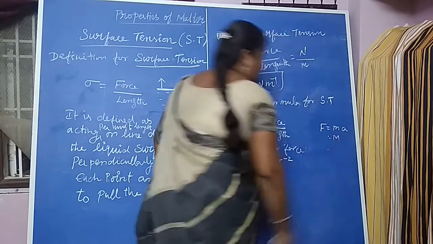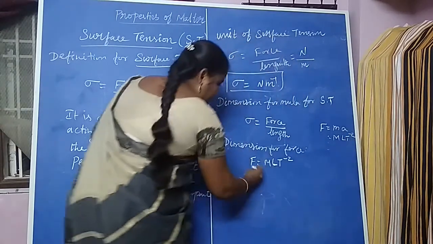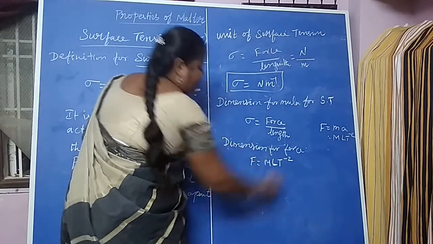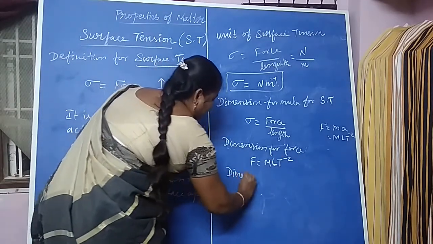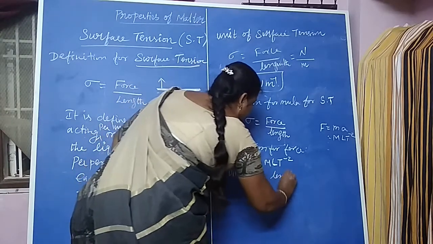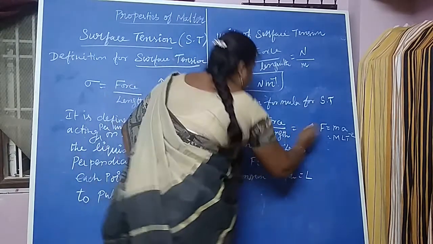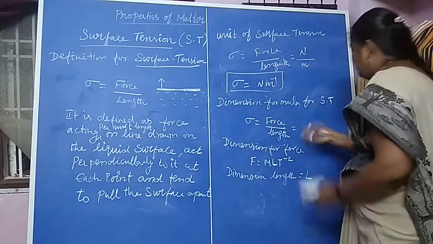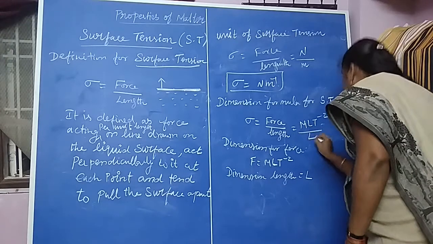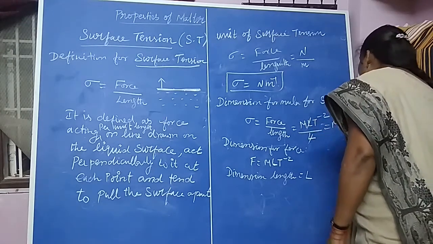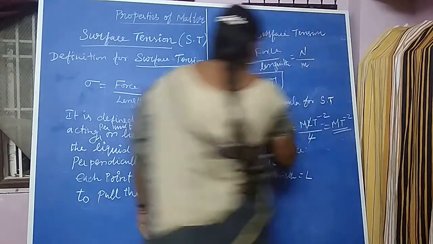Mass takes the dimensional formula M, acceleration has L T power minus 2. So force has the dimension M L T power minus 2. The dimension of length equals L. On substituting, we get force as M L T power minus 2, and length L gets cancelled, so we have M T power minus 2. This is the dimensional formula for surface tension.